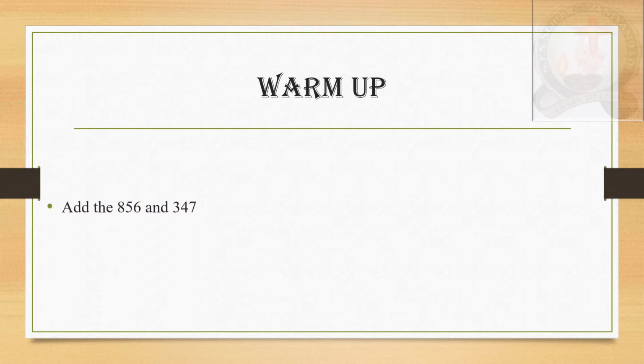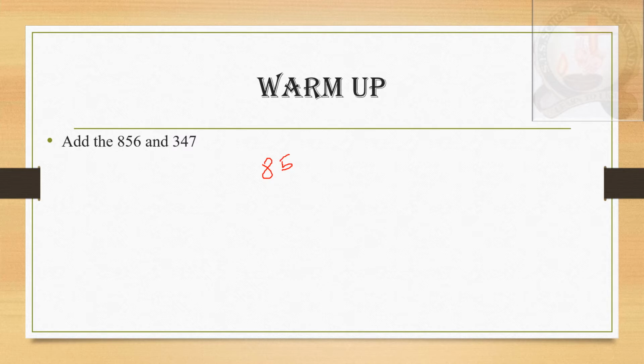The first question is: add 856 and 347. In our lower classes we have learned how to add these numbers. The numbers are given row-wise, so let us rewrite them column-wise: 856, then 347.